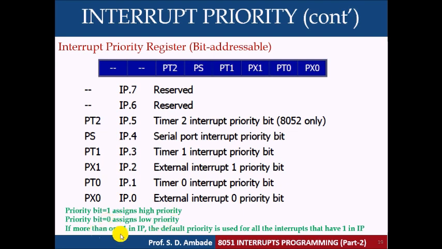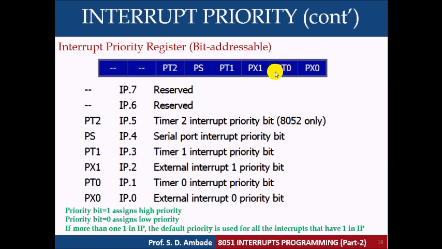If we assign more than one interrupt in the IP register with highest priority, for example PT0 and PX1, then the default priority is used for all the interrupts that have 1. If we place PT0 bit as 1 and PX1 as 1, we are assigning highest priority to both external interrupt 1 and timer interrupt 0.